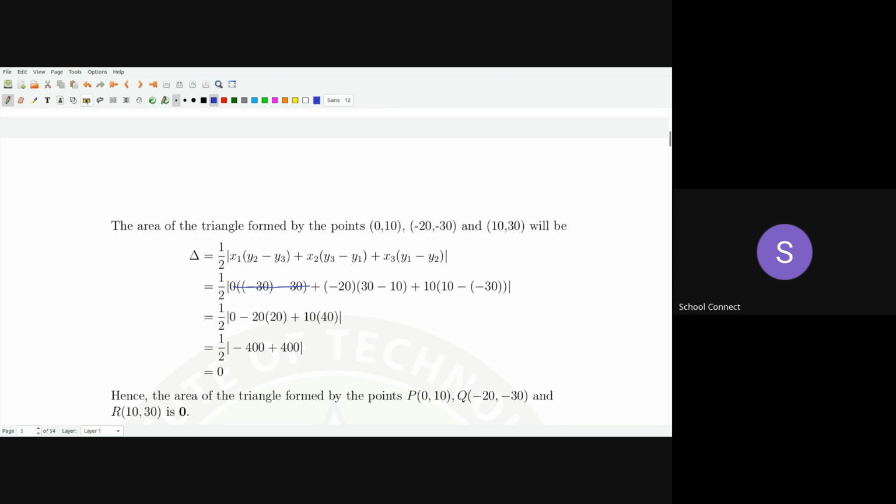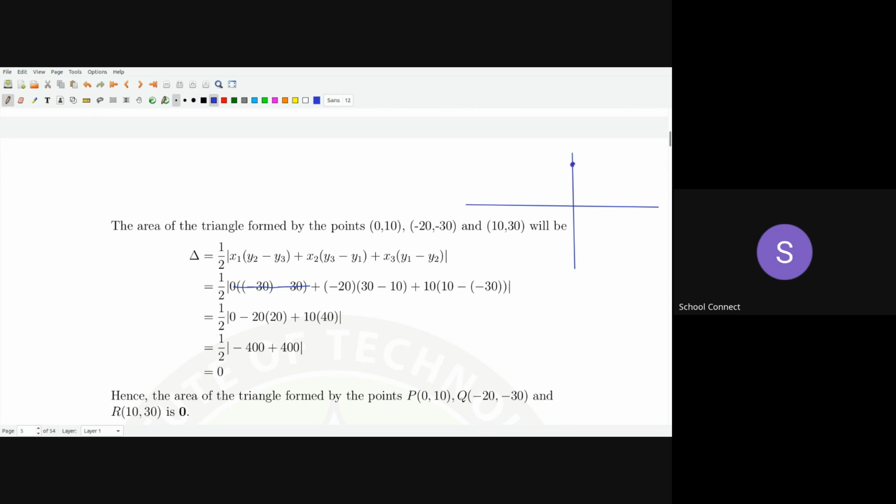So why is this 0? Again, when can the area be 0? If you have points like this, let me try to be accurate.